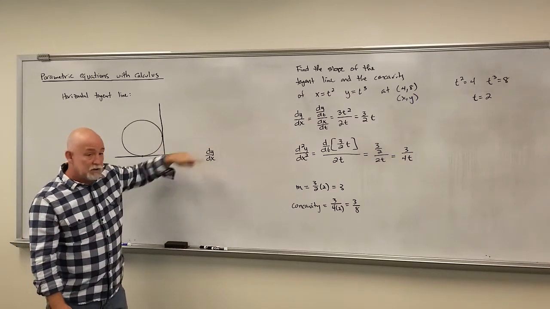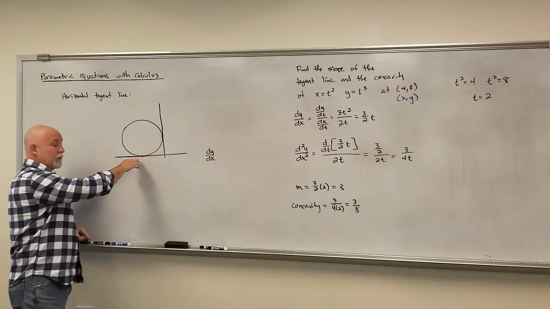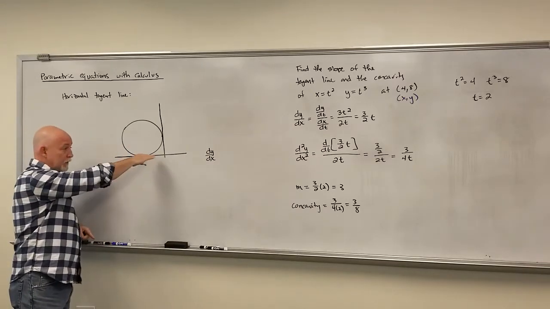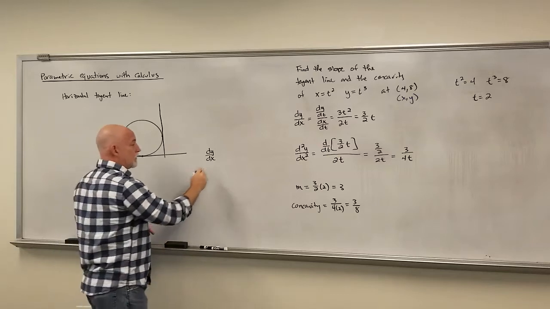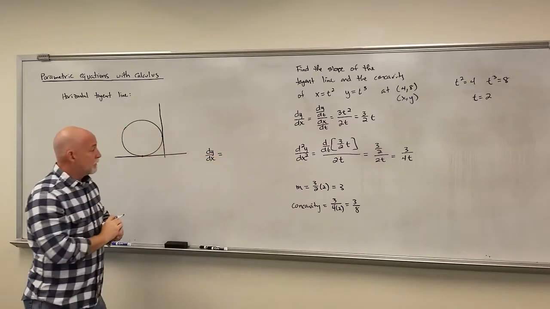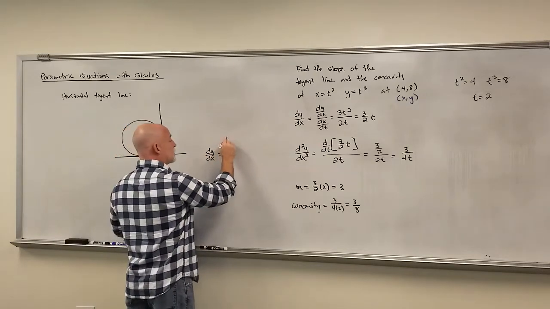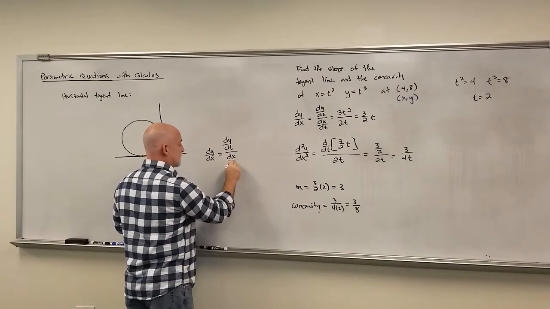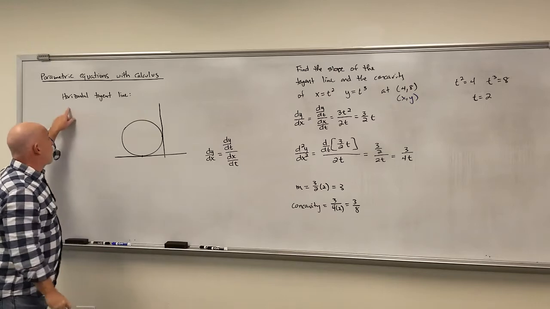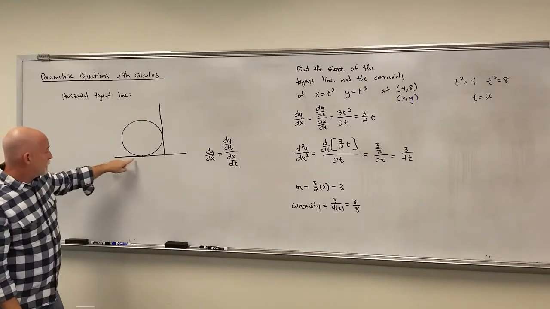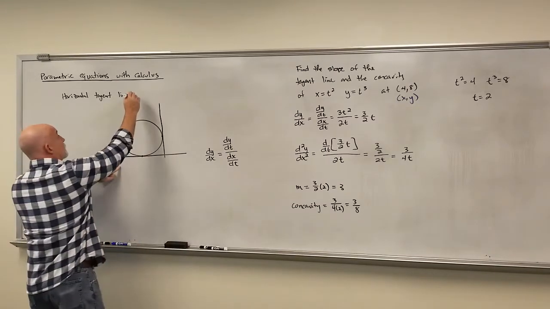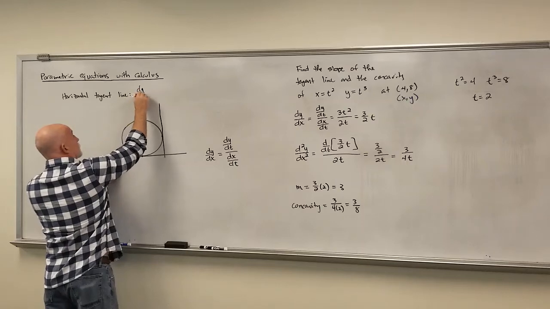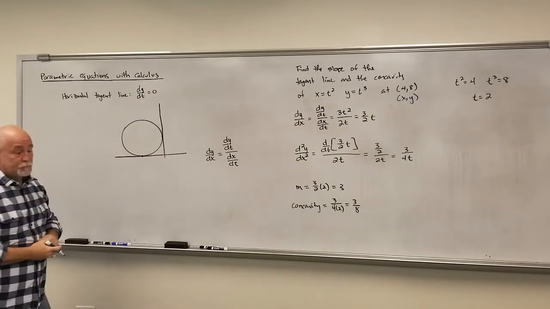That means the change in y is 0, and that makes sense because we're not moving up and down at all at this point. It's flat. Now, in terms of our new derivatives, the change in y is actually dy/dt, and the change in x is dx/dt. So for us to have a horizontal tangent line, the change in y has to be equal to 0.